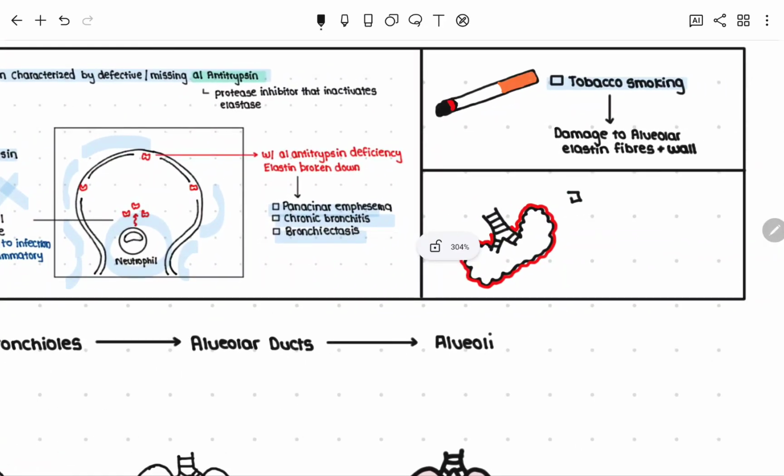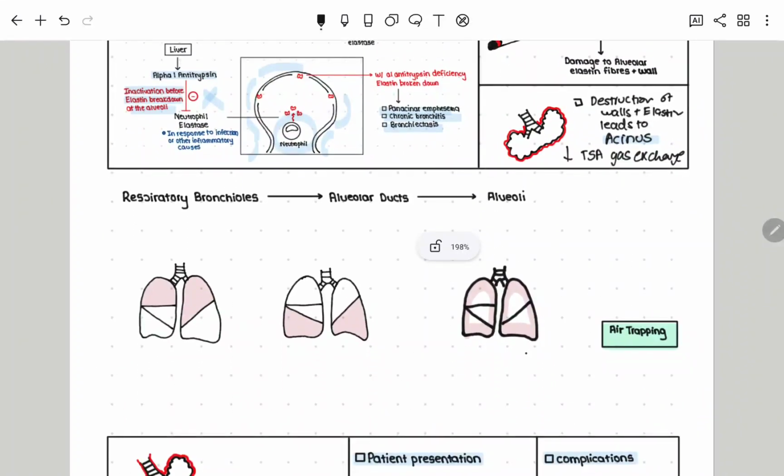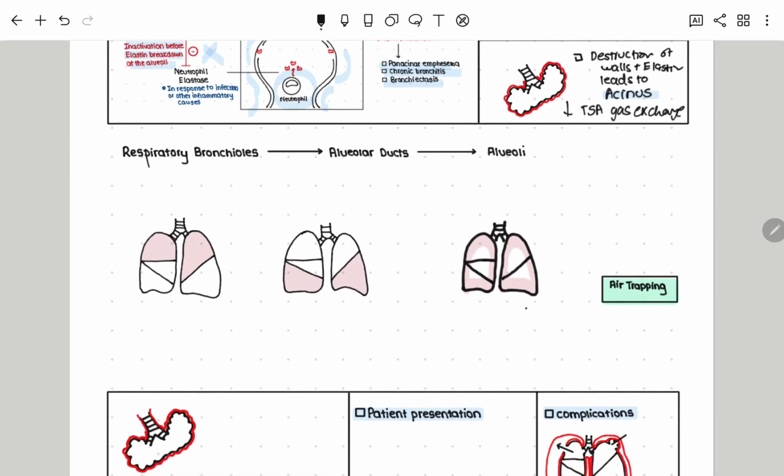When you have destruction of the alveolar walls plus elastin, this leads to the formation of acini, or singular acinus, which has a relatively decreased total surface area for gas exchange as compared to your regular alveoli.